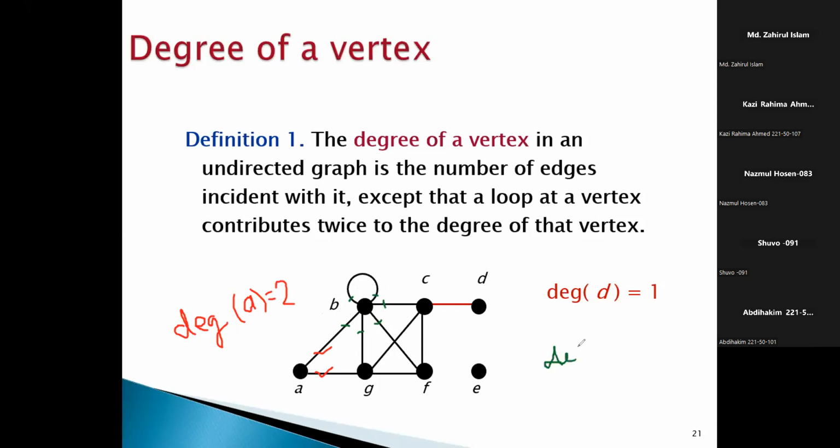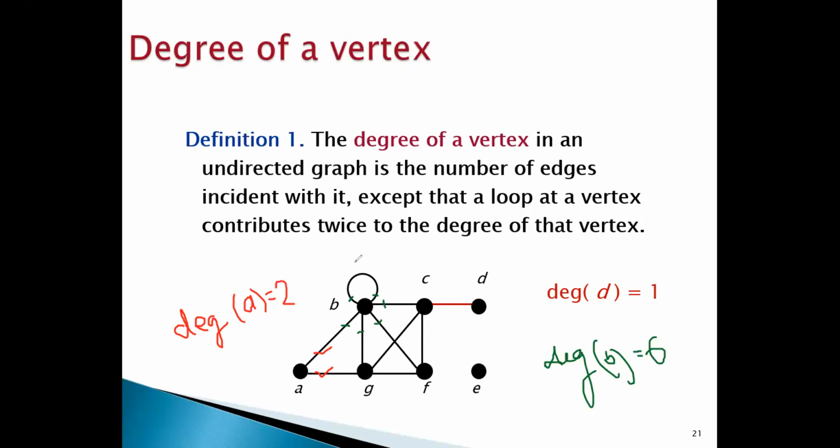So what will be the degree of B? It will be 6. Do you understand how to calculate the degree? For a loop, blindly consider it is 2. When it is a loop, the degree is 2. Then additionally, it is 3, 4, 5, and 6.